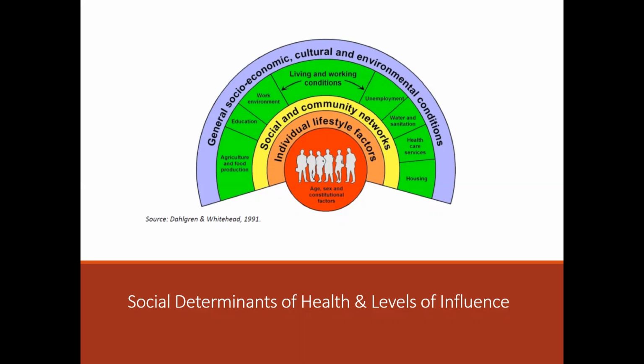Maybe they're unemployed. Maybe they have poor housing. They don't have access to healthcare services. Taking all those things into consideration is really important to understand those general socioeconomic, cultural, and environmental conditions that impact and influence health outcomes. It's a complicated system, but it's certainly important to look at from that population health lens.